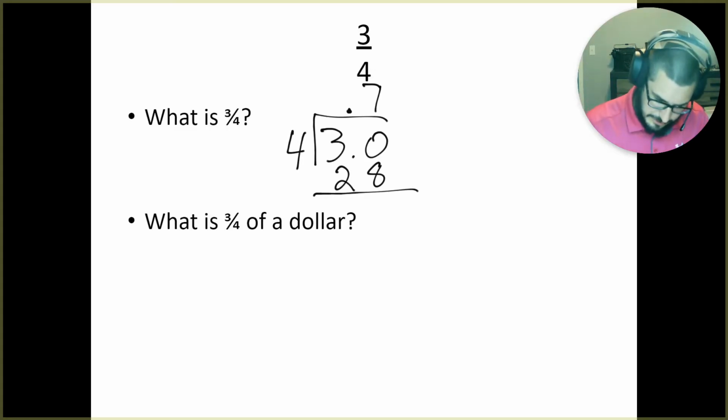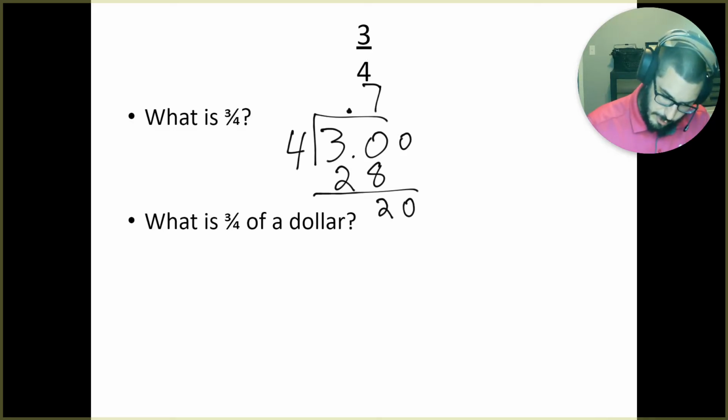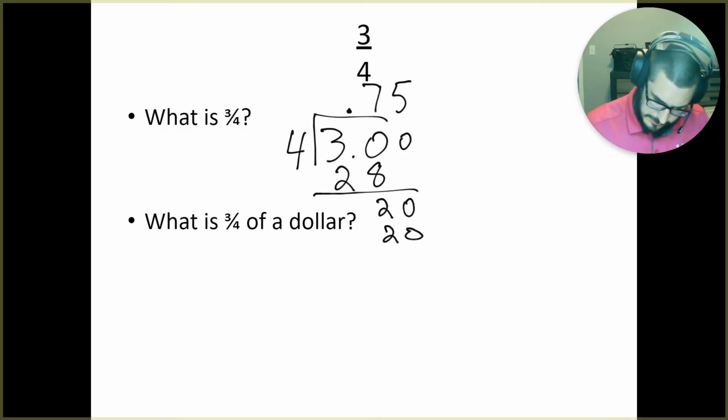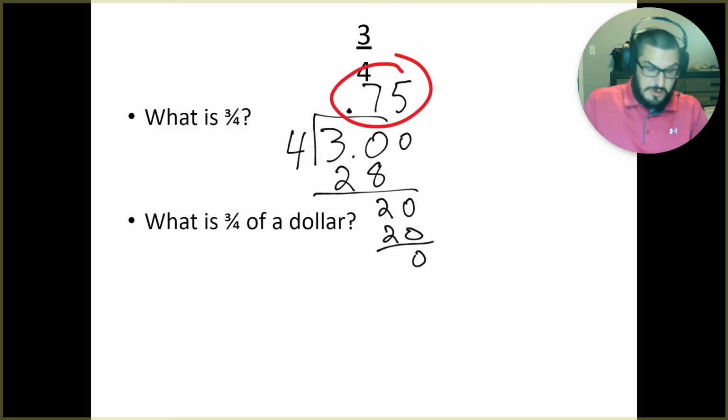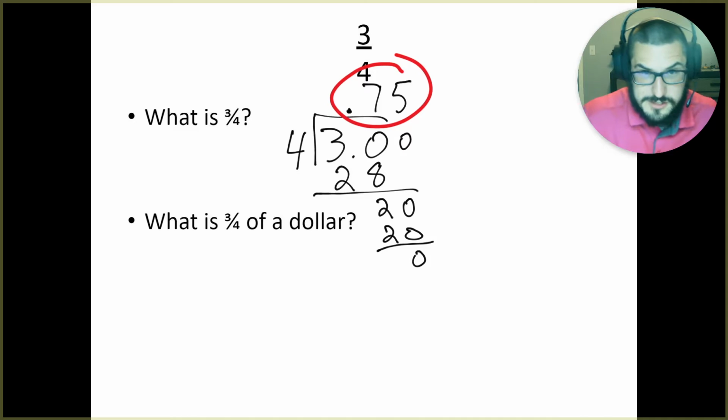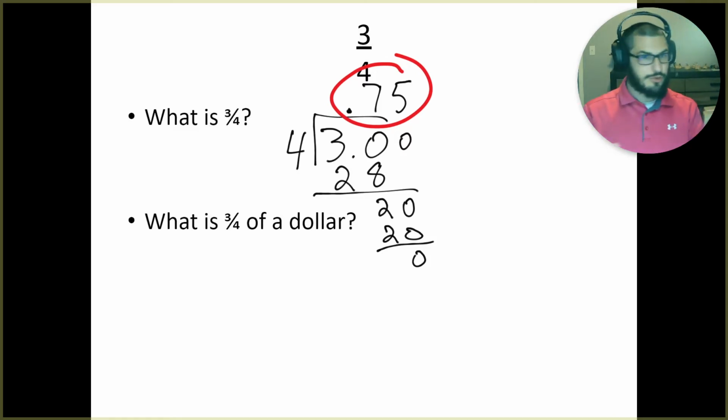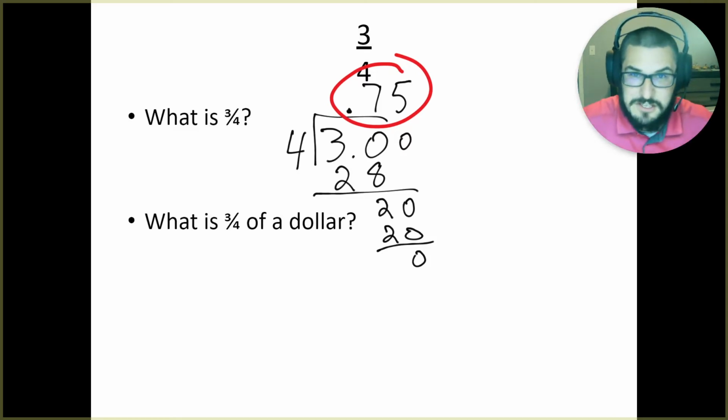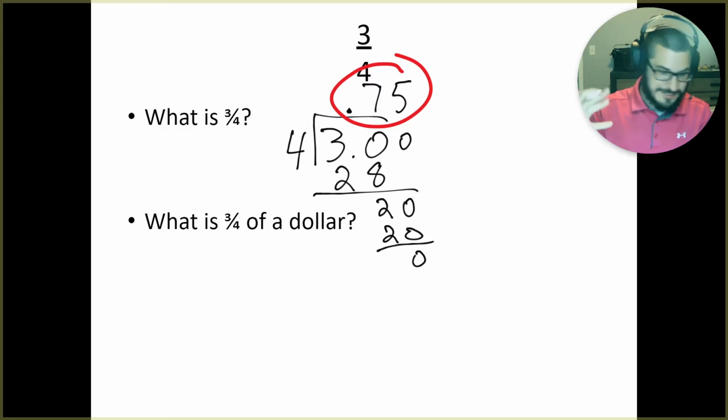Subtract those, and I've got 2 left over. Bring down another 0, and 4 times 5 can give me 20 here. So that'll give me the 0, which gives me 0.75. What's 3/4 of a dollar? Well, if you have 3/4, that gives you 75 cents. So 0.75 makes a lot of sense here.